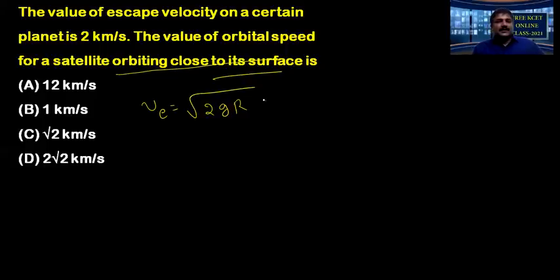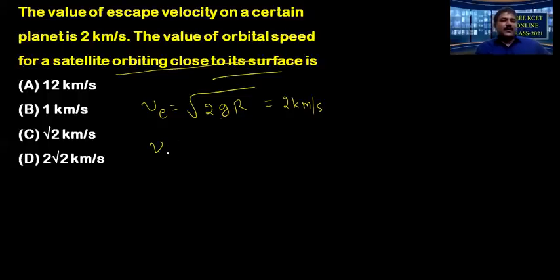Remember, it is given that 2 kilometers per second is the escape velocity, so it is not Earth, where it is 11.2 kilometers per second. So the g value should be the acceleration due to gravity of that planet, not Earth's 9.8, and R is the radius of that planet.